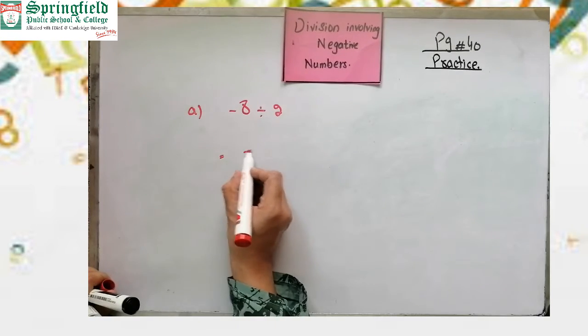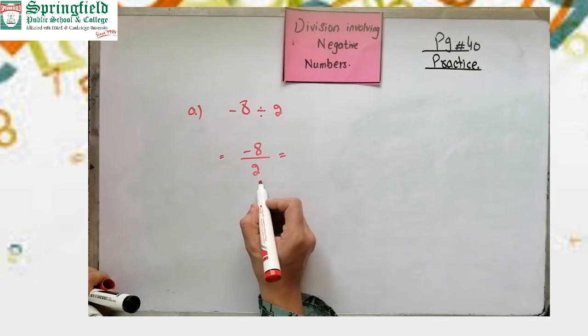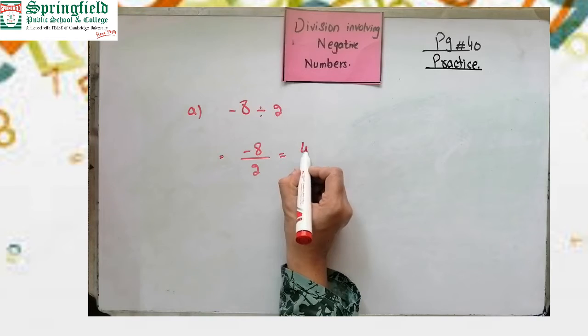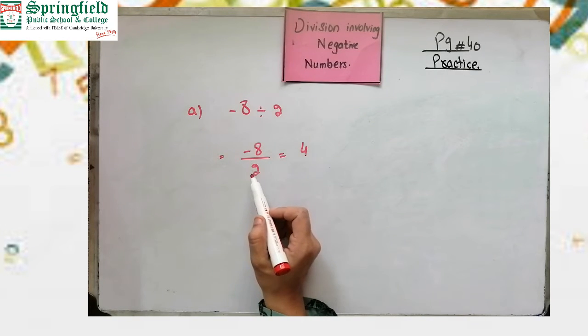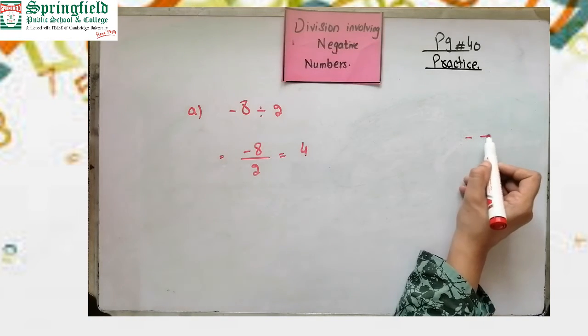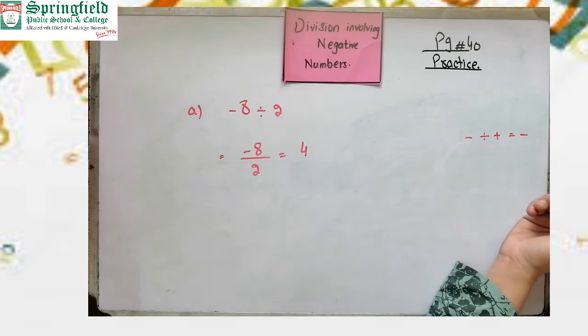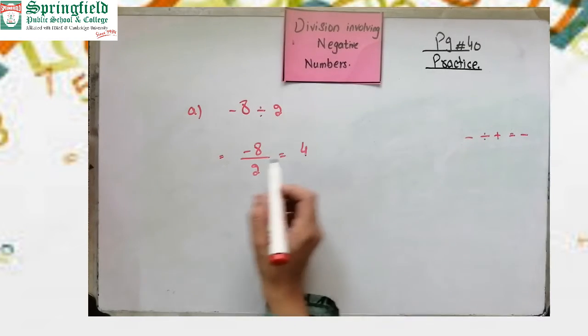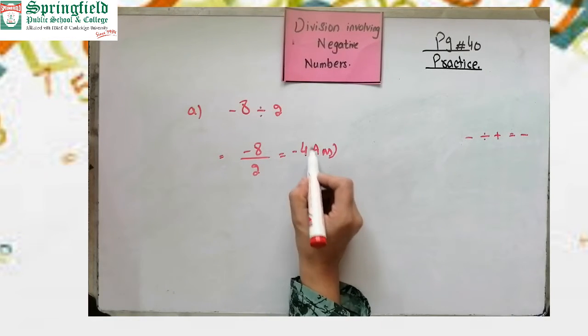So what will be the answer? Minus 8 divided by 2. So 8 divided by 2 is 4 when we solve. And a negative number divided by a positive number, what will be the answer? The answer is in negative form. So minus plus minus. So this is your answer.